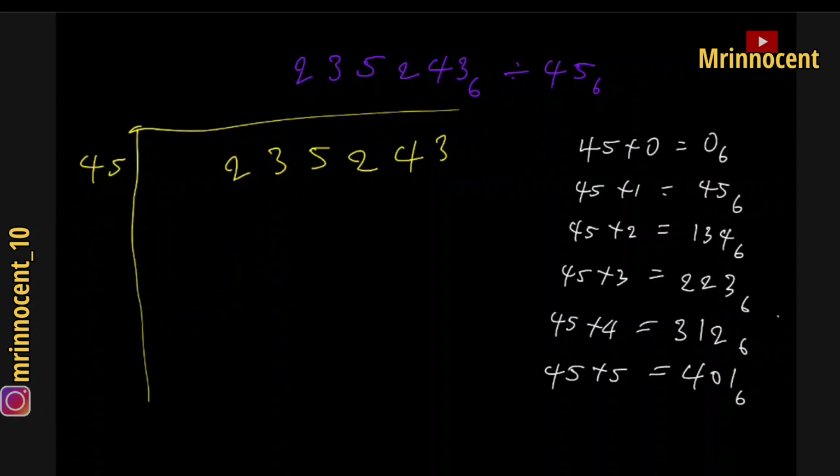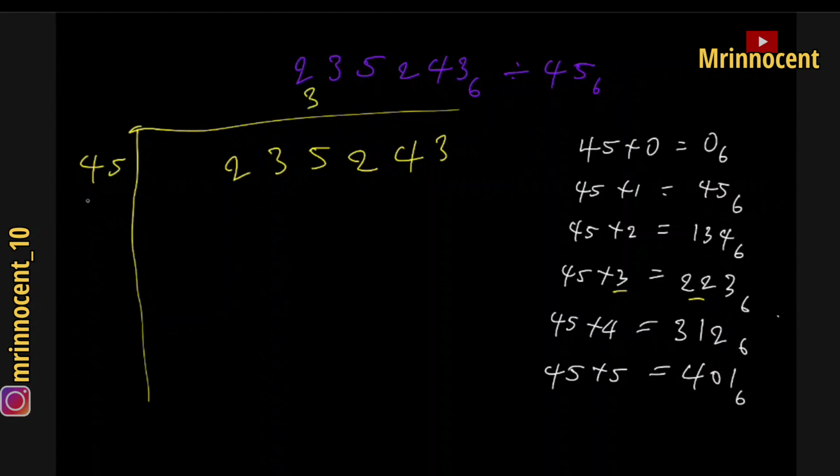So come to your chart table and look for a number that is 235 or that comes before 235. When you look at this one, 312 cannot. This one, 223, is less than 235. So our answer is 3.